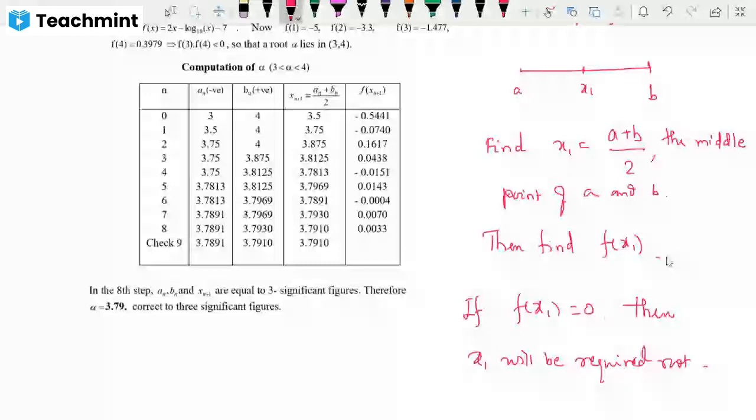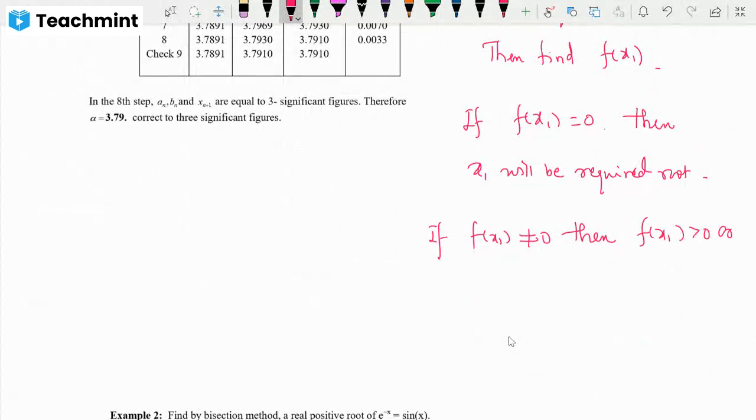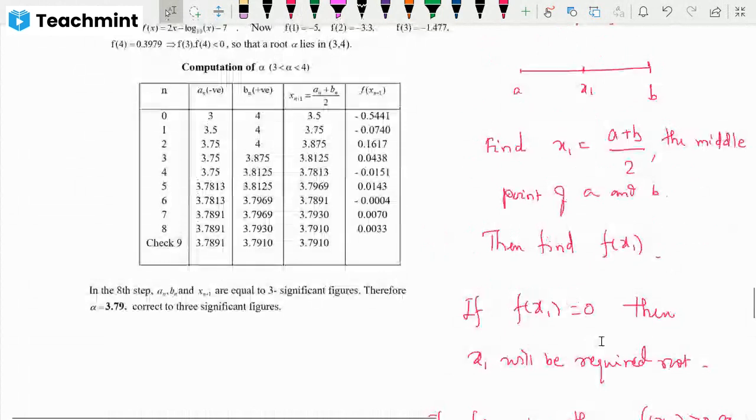If f(x1) is not equal to 0, then what happens? It may be positive or negative. Then f(x1) is strictly greater than 0 or strictly less than 0, because there are only three possibilities for f(x1): it may be 0, positive, or negative.